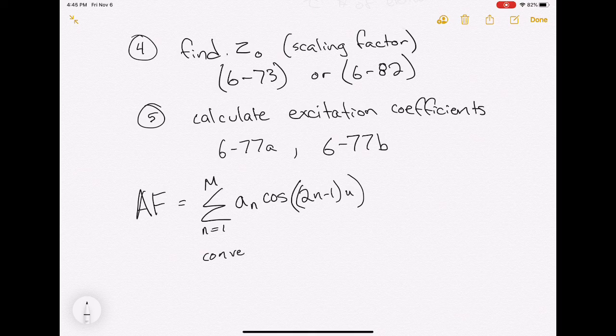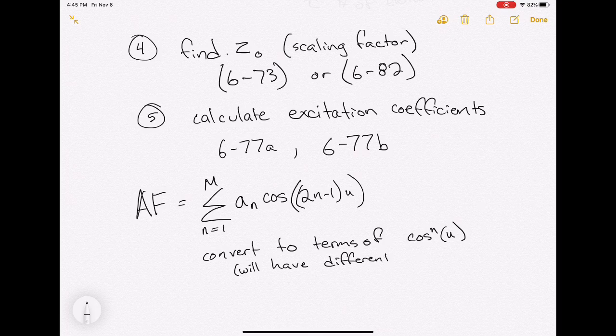So you convert it to terms of cosine to the n of u, and it's going to have different coefficients. If you want to see a list of what those coefficients are, you can check out the start of section 6.8.3.